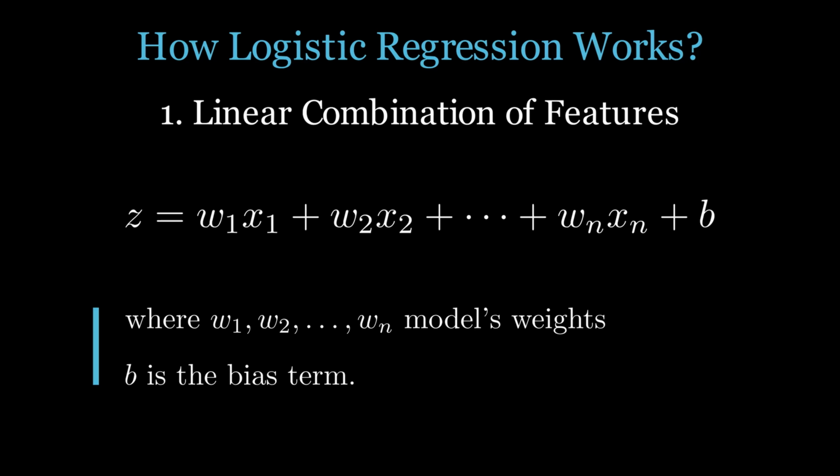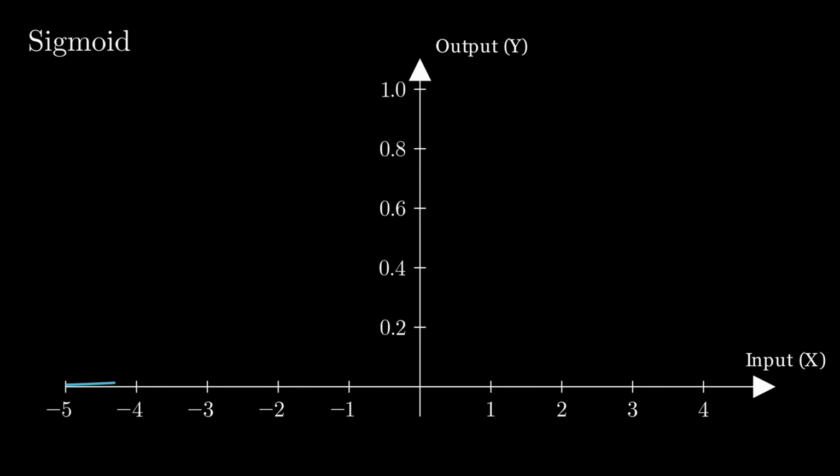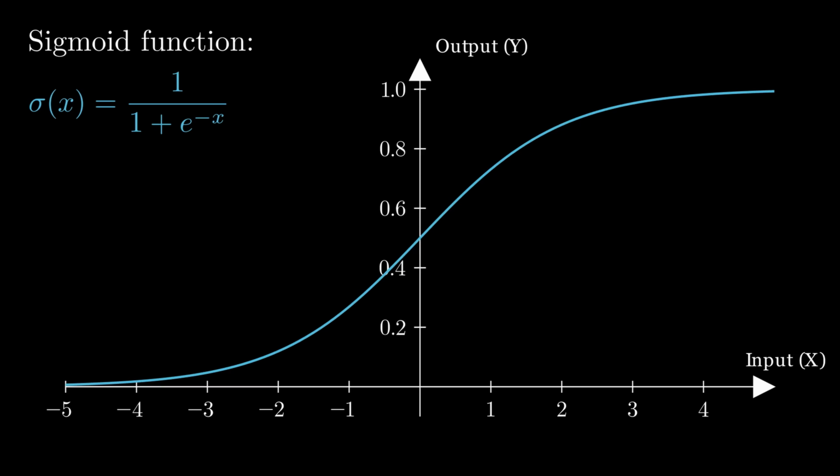And as the final step, we apply the sigmoid function to this linear combination. y hat represents the predicted probability. Sigma of z is the sigmoid function applied to this linear combination z, and it transforms it into a value between 0 and 1.